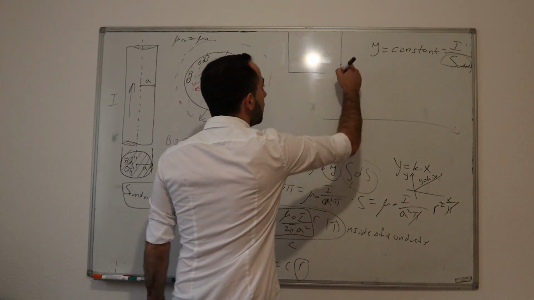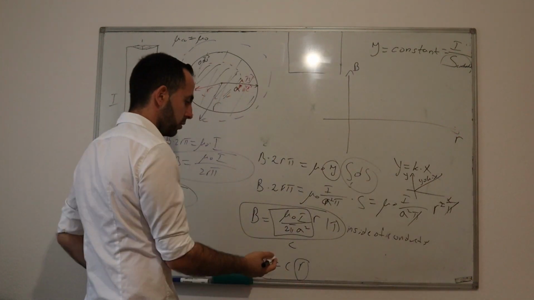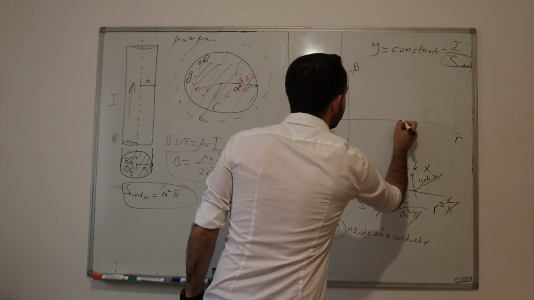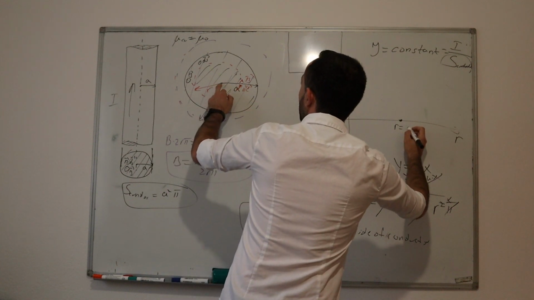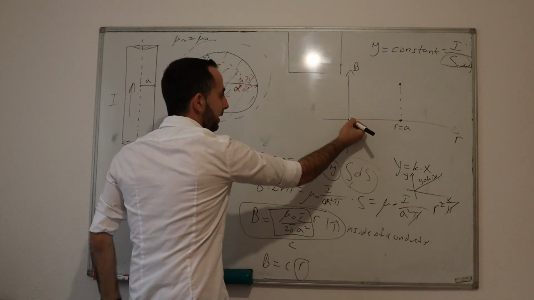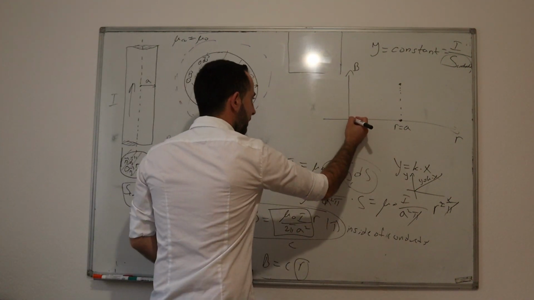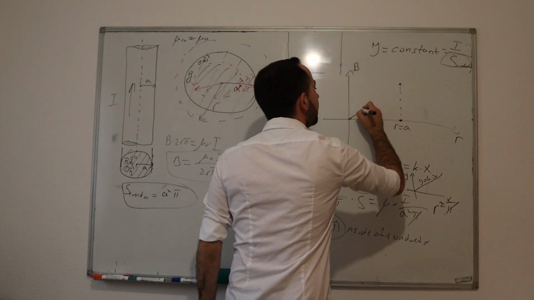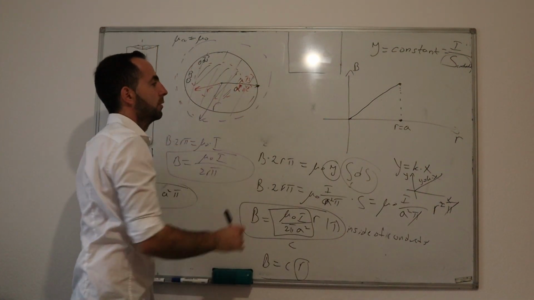Just now we will write and analyze B as a function of r, as a function of distance, which means inside a conductor, for r equals a, that's the point. Inside a conductor, for r equals 0, our magnetic field density starts from 0 and grows linearly up to this border.